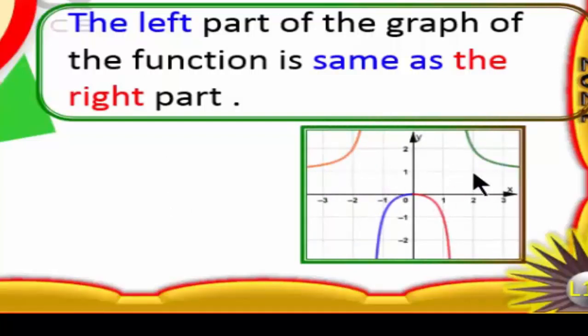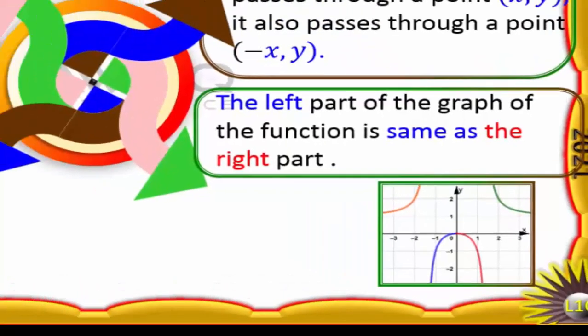As you can see in this graph, this part on the left side is the same as this part on the right side of the y-axis, and this part in blue is the same as this part in red, so we can say that this function is an even function, or symmetric with respect to the y-axis.